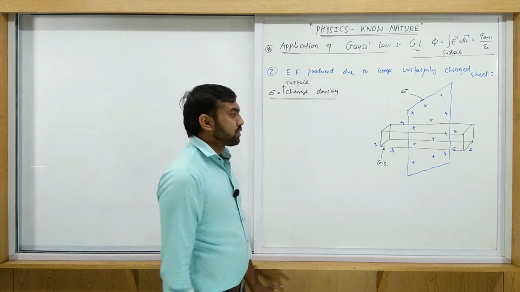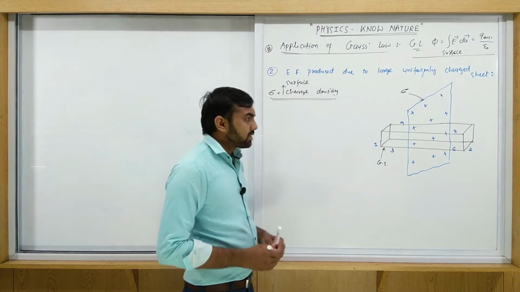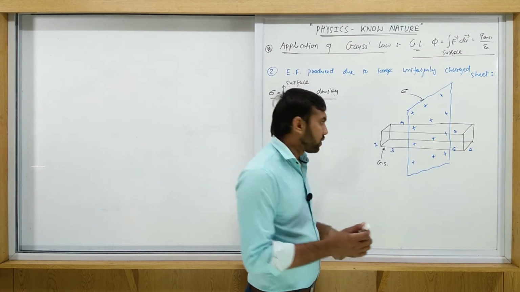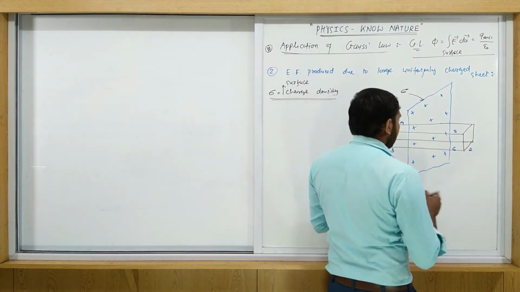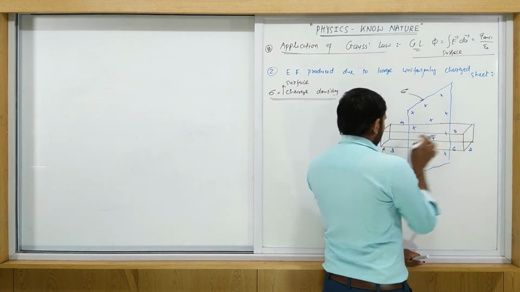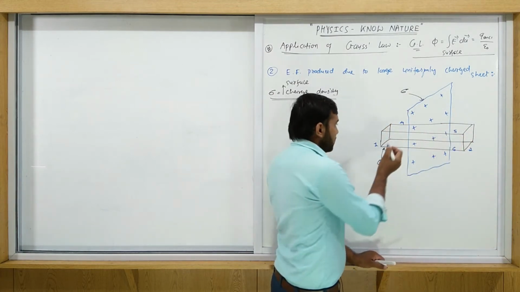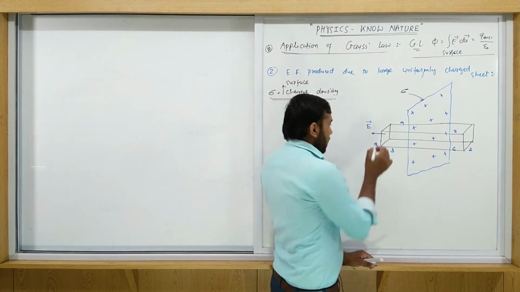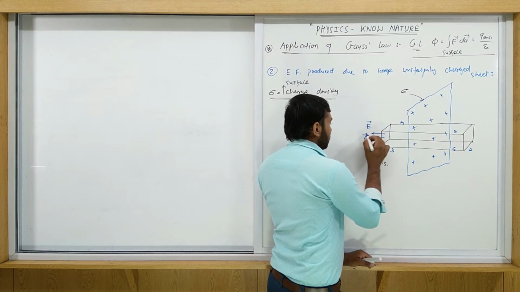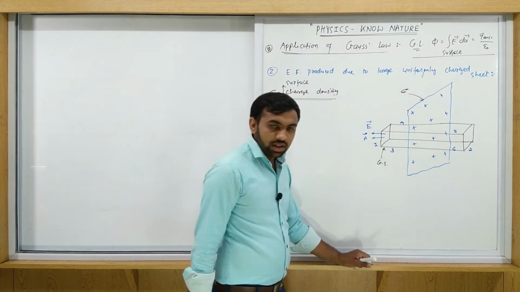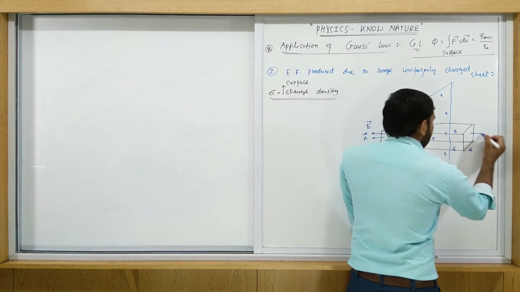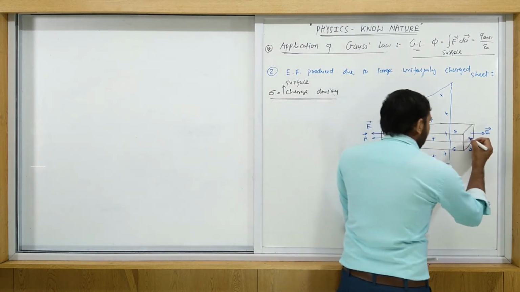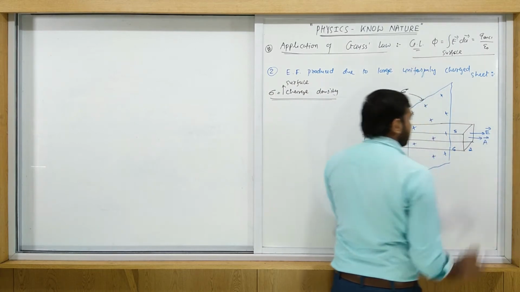Electric field due to this large sheet, just outside it, let's draw here. For face 1, electric field is along this direction, and the area vector is also along this direction, so both have the same direction. For the second face, electric field is perpendicular to the sheet and the area vector is perpendicular to the face.